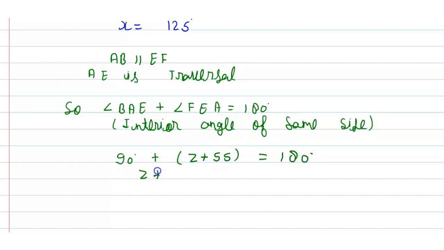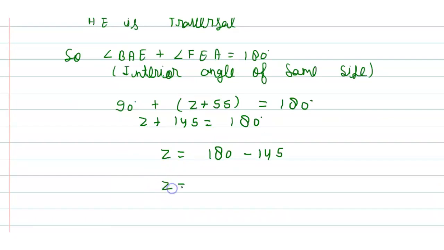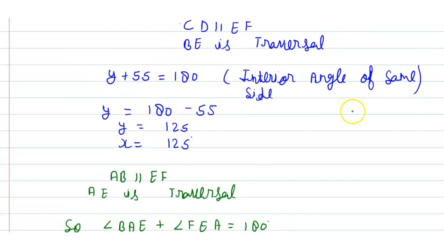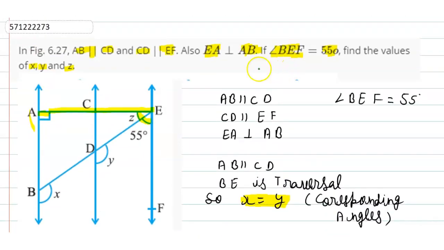So Z plus 145 is equal to 180 degrees. So from here we can say Z is equal to 180 minus 145, and Z is equal to 35 degrees. So this is Z, and these are the values of X and Y, and this is our final answer. We had to find the values of X, Y and Z only.